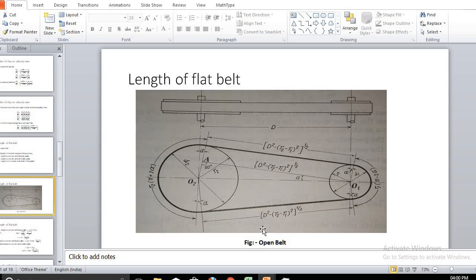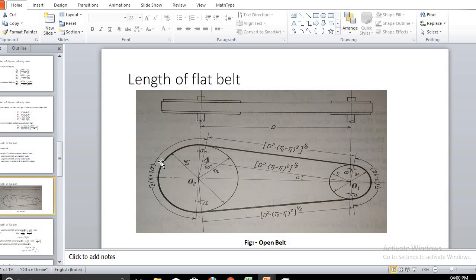Now this distance is an arc length, and we can find it as r into theta: the radius into the angle occupied by this arc.